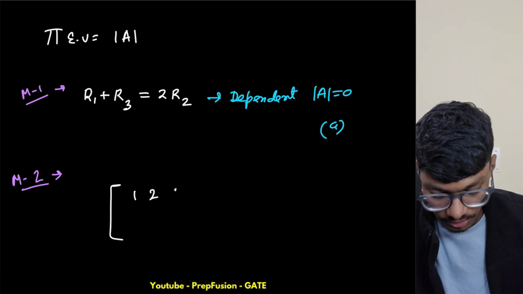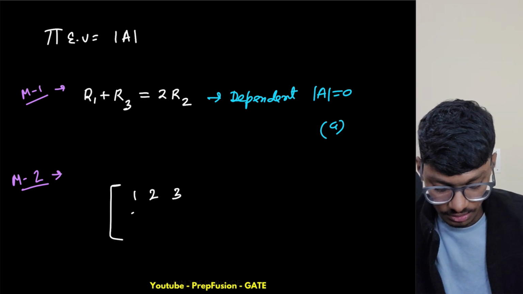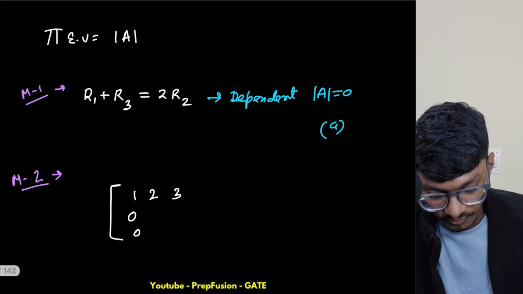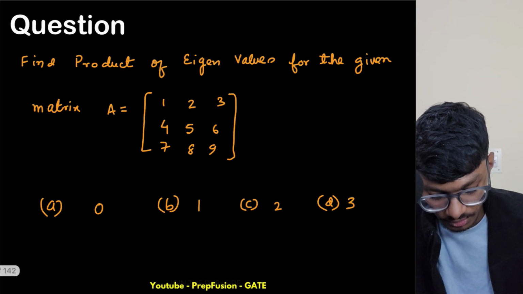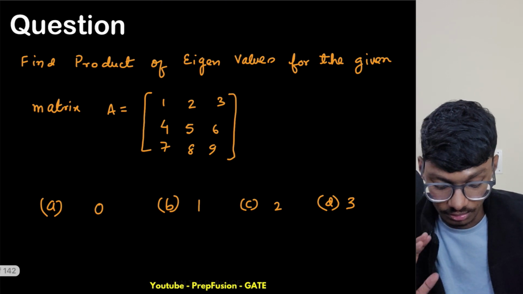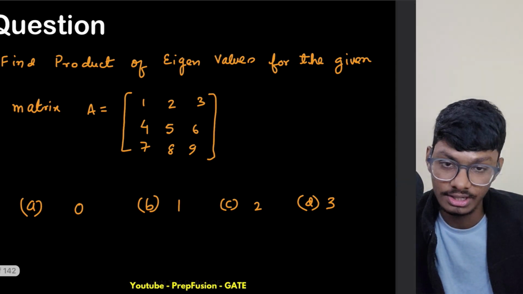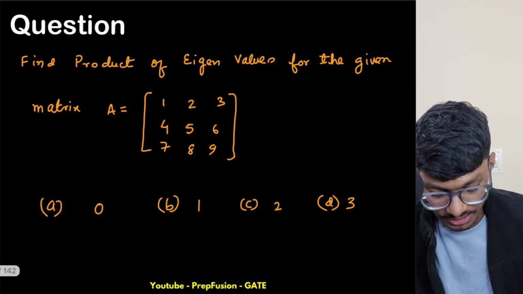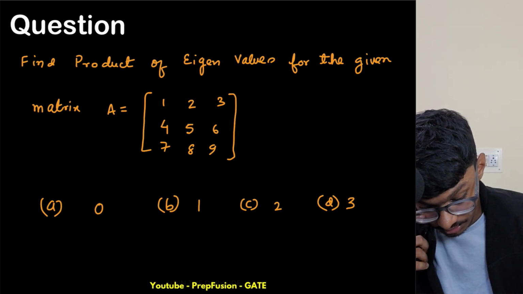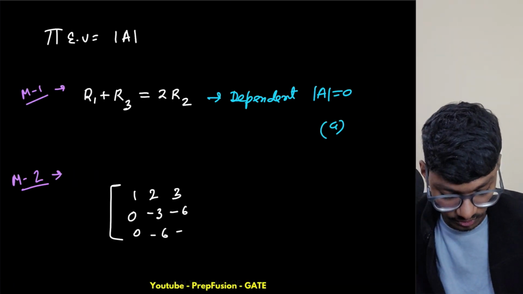Okay, so this will become 0, this will become 0. 4 times 2 is 8, 5 minus 8 is minus 3, then 12 minus 6 is minus 6, then 7 times 2 is 14, 8 minus 14 is minus 6, and 7 times 3 is 21, 21 minus 9 is minus 12.